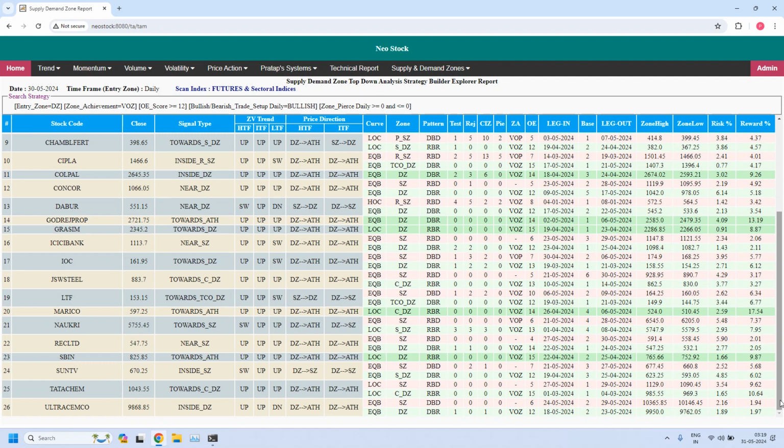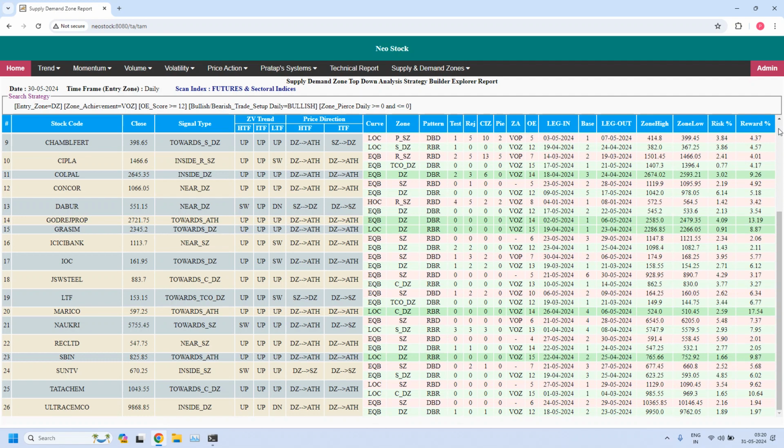But you should also understand that the overall market Nifty trend has changed to sideways today. So carefully select these stocks. So total 26 stocks are currently supporting bullish trade setup.